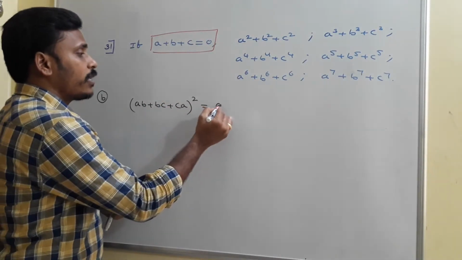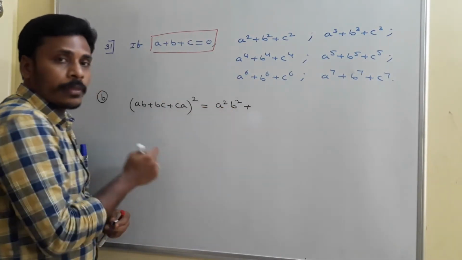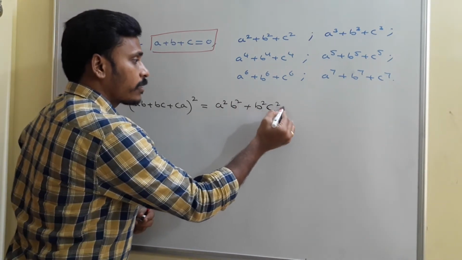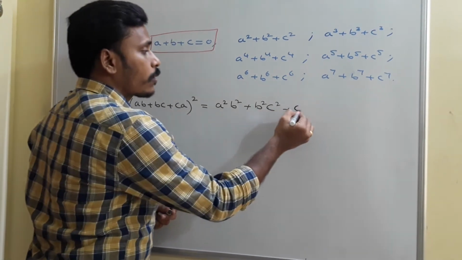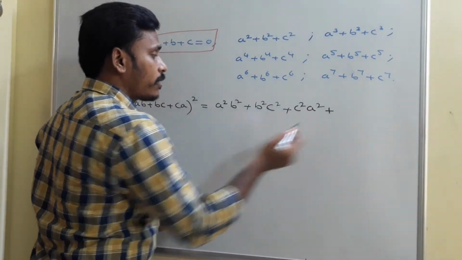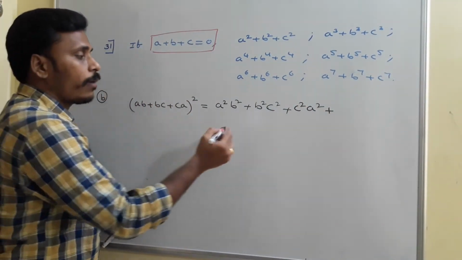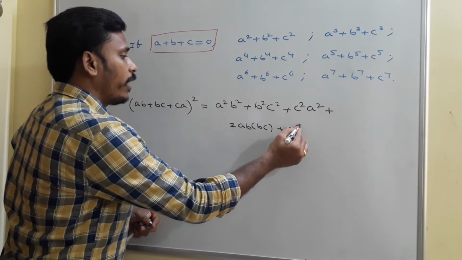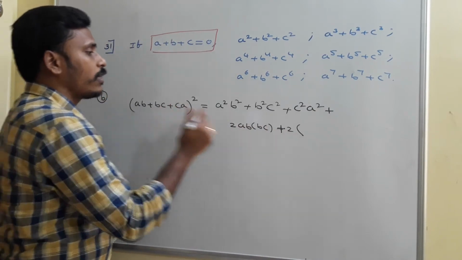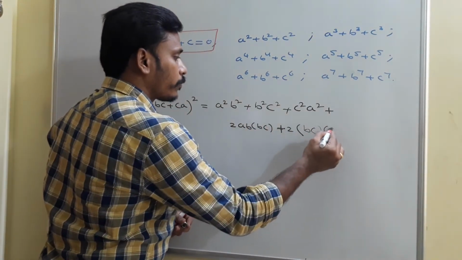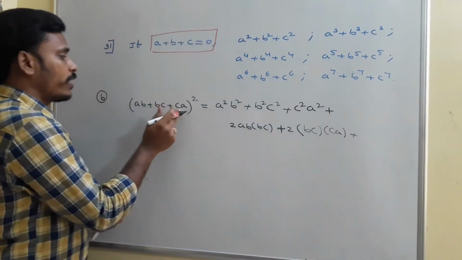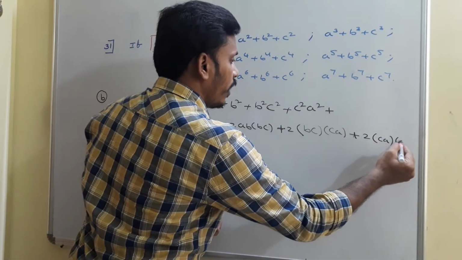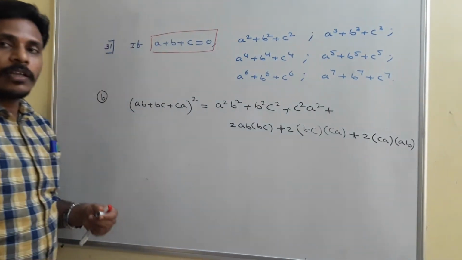So x² is a²b², plus y² is b²c², plus z² is c²a², plus 2xy, of the format 2ab·bc, then 2yz just like bc·ca, plus 2zx just like 2 times ca·ab. Is it clear?